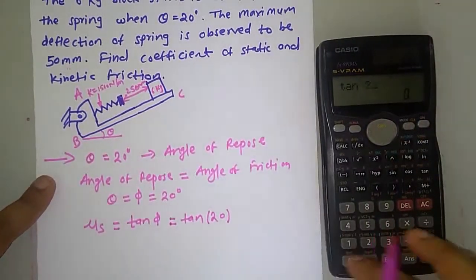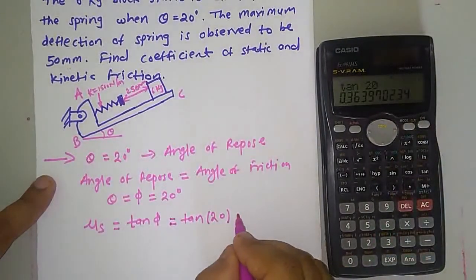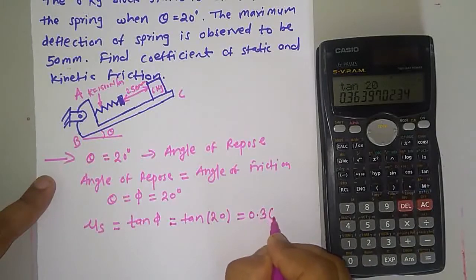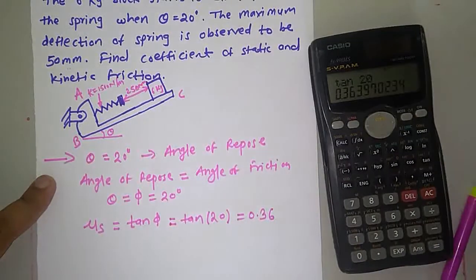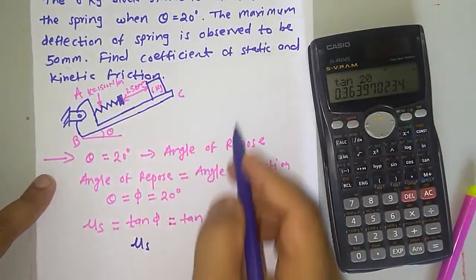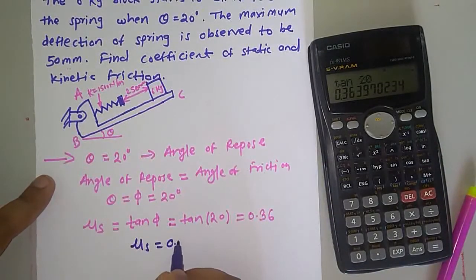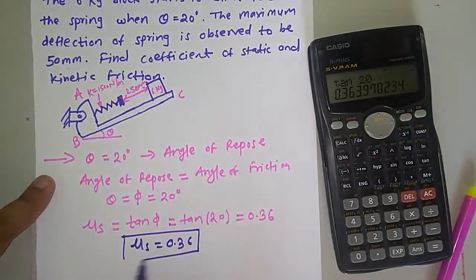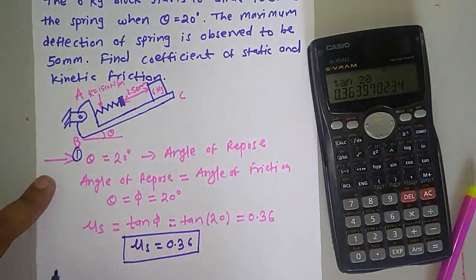So tan 20 is 0.36. So our first answer, the coefficient of static friction, is 0.36.